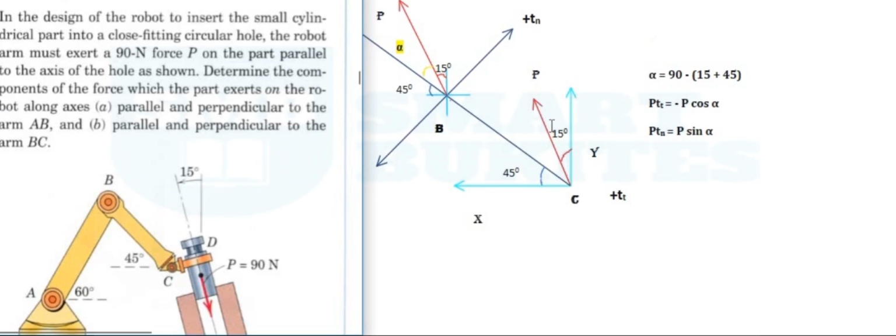So we can put it here and we can just reverse the direction of the P. Then I started with the arm BC because it's closer to the hole and easier to start with. So I extended also the arm BC.